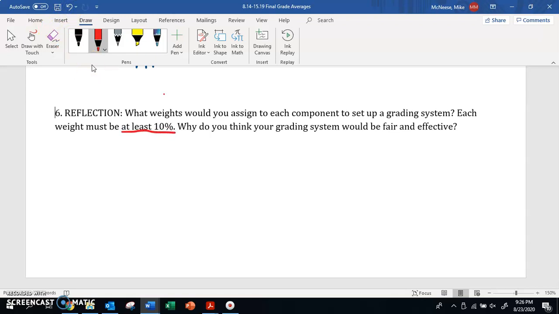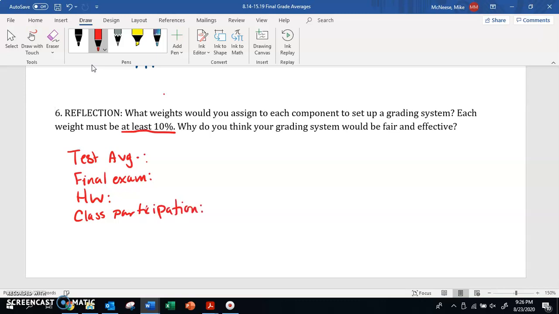So in my system, so remember we have test average, we have final exam, and we also have homework and class participation. So in my system, I think that things you do on a regular basis are more important than one-time things.